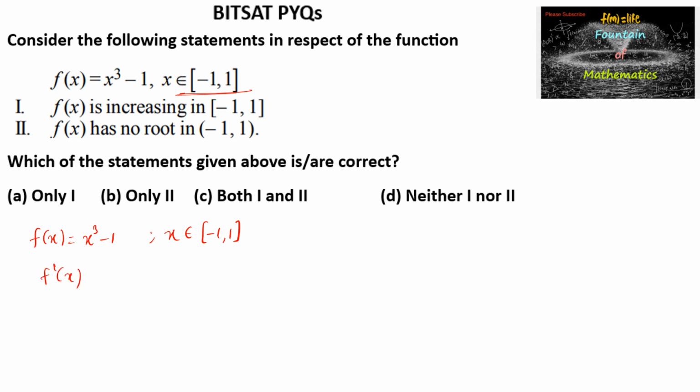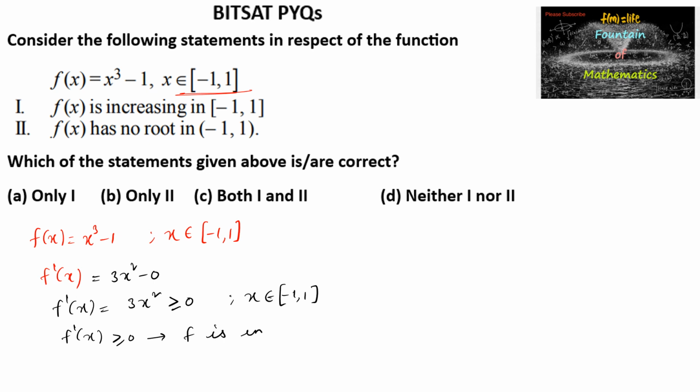F dash of x is equal to 3x square minus 0, and here we can say that for any real number 3x square is always greater than or equal to 0. Even we can consider for x belongs to minus 1 to 1. So f dash of x is greater than or equal to 0, which implies that f is increasing. The given function is increasing in the interval minus 1 to 1.